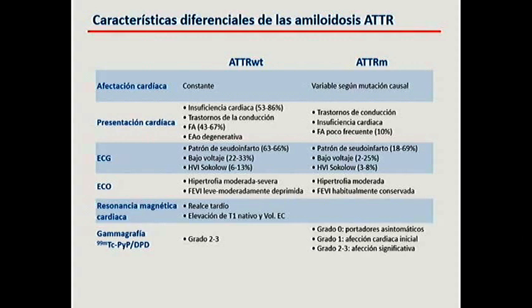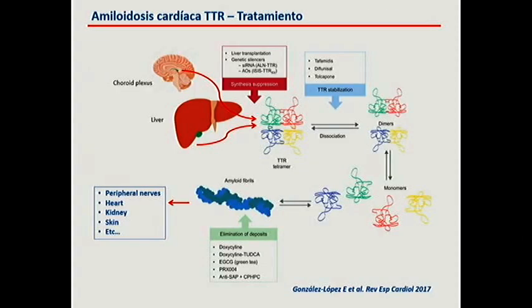Pyrophosphate and DPD, the degree of uptake is different, but basically we have very similar characteristics in all ATTR types compared to light chain ones. And this is something we talked about before. See that the TTR protein is secreted by two organs, the liver and the choroid plexus.